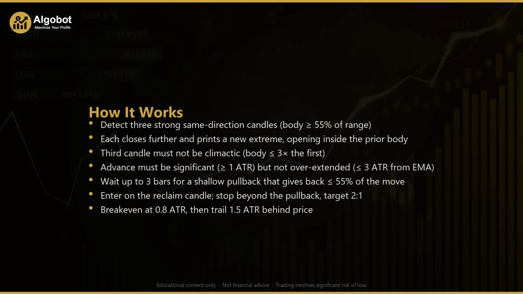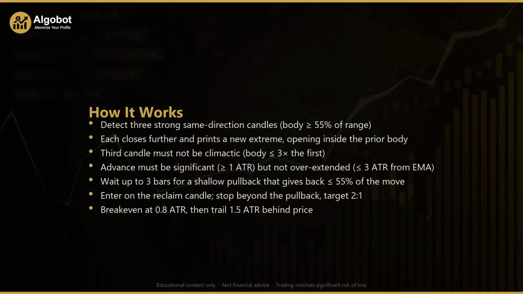Each candle must close higher than the one before it and print a higher high, showing genuine progression. Each candle must also open inside the previous candle's body, which keeps the advance steady and orderly rather than gappy or thin. And the 3rd candle must not be a climactic, oversized candle. Its body cannot exceed 3 times the first candle's body.